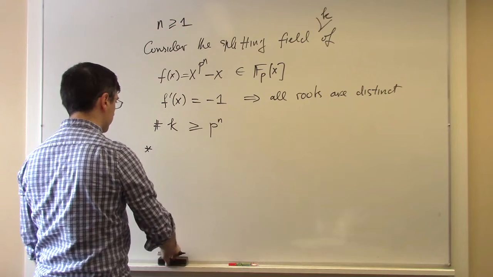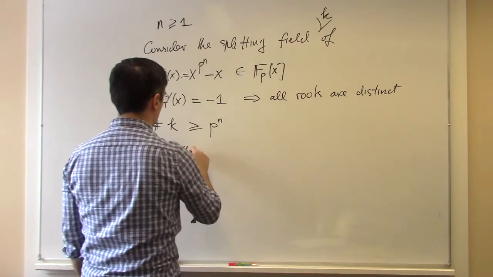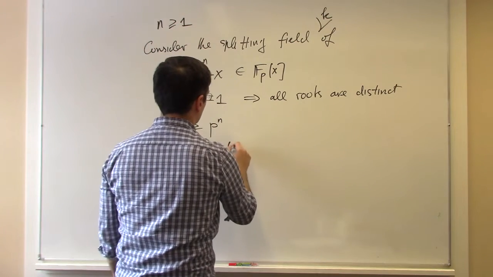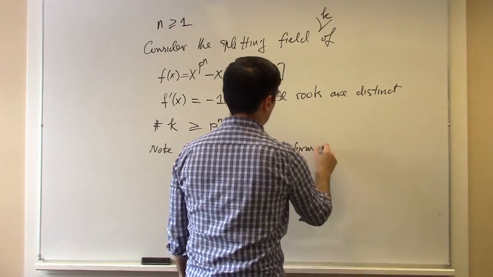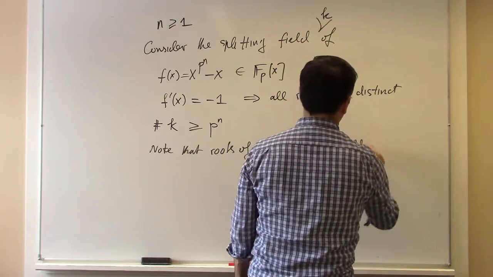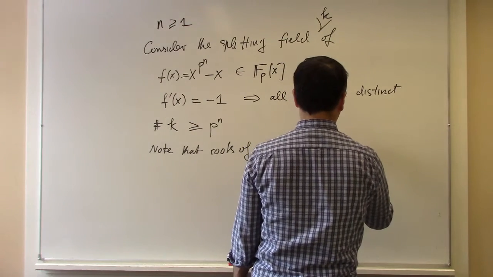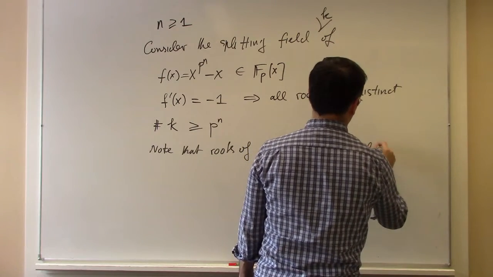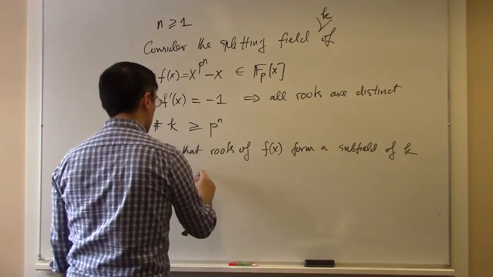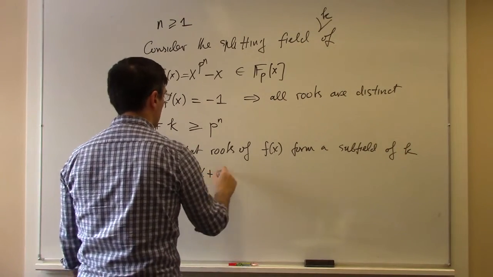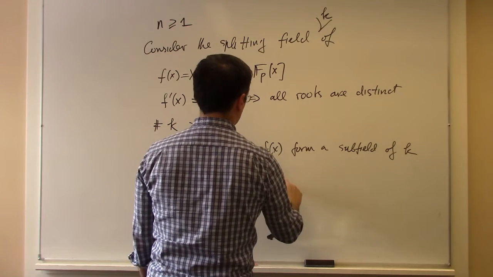So roots, note that roots of f(x) form a field, form a subfield. And why is that? If you take any two roots, alpha, beta, raise (alpha plus beta) to p^n.